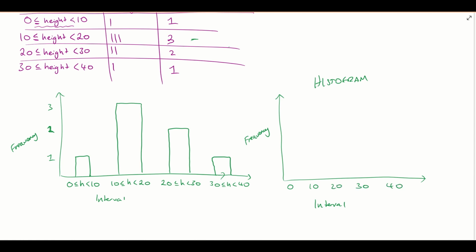Now we plot the frequencies 1, 2, and 3 so that the bars are touching, because it's all one continuum. This is what we call a histogram, and it's the best way to display continuous data. It's very similar to the way we displayed discrete data, except now we take these intervals and put them together so that they're touching each other, because we're running on one continuum. And we call that a histogram.